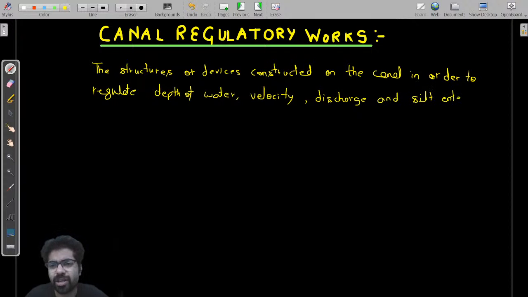Many things you can control. You all can control everything if these structures are there.